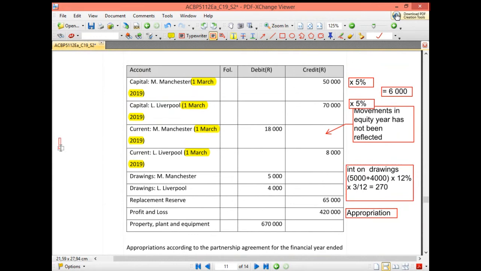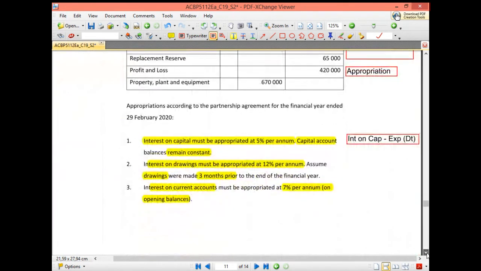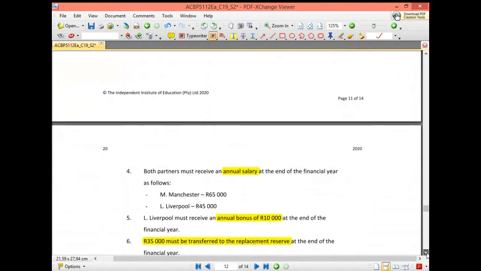Okay, so in this scenario, to work out the interest on your current, you would take the 18,000, you would deduct the 8,000, which is the smaller one, you would multiply it with the 7% we have to charge, and you would get to an interest value of 700 Rand, which we would receive as the net amount. Okay, so that is our additional information.